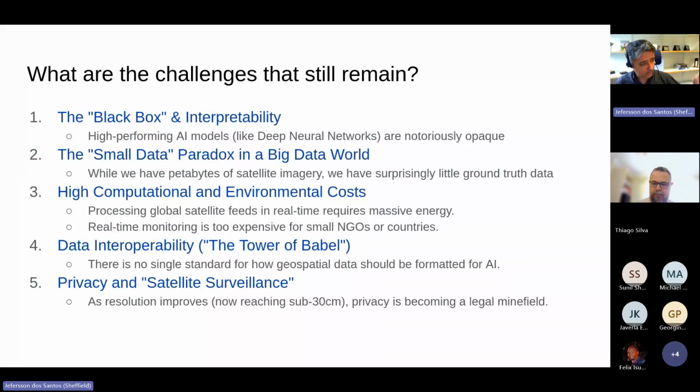So in this sense, I listed a couple of challenges I see right now. Of course, it does not cover all the possible challenges, but some of them are challenges that I'm very interested in. First is black box interpretability. I see this is very important for environmental and agriculture applications.